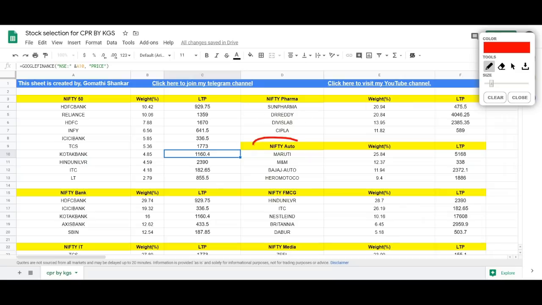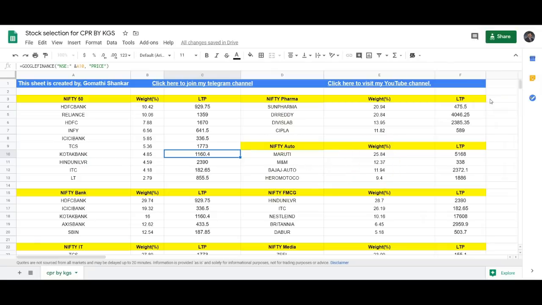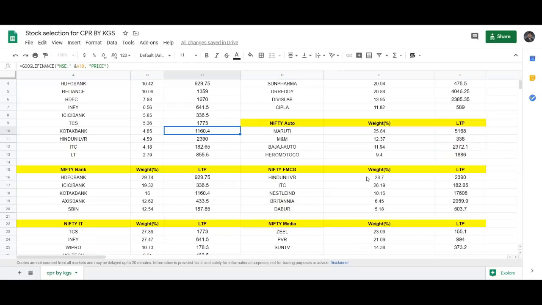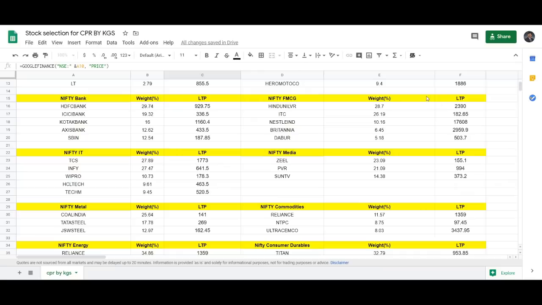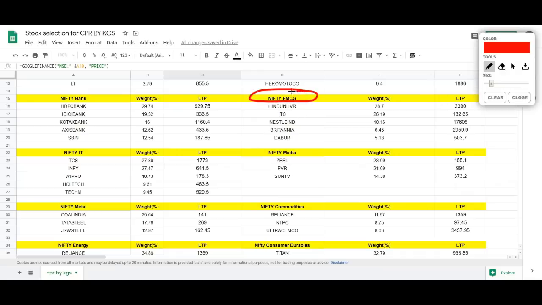And if you look at Nifty Auto, there are many stocks, but I have personally selected only these 4 stocks based on weightage. Like that, for each and every index I have selected these stocks. For Nifty FMCG I have selected these stocks.